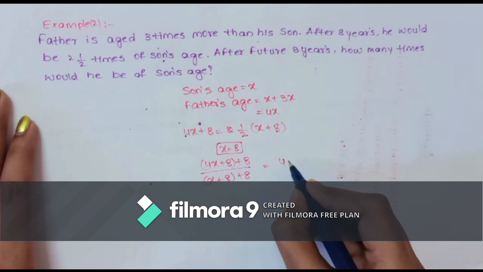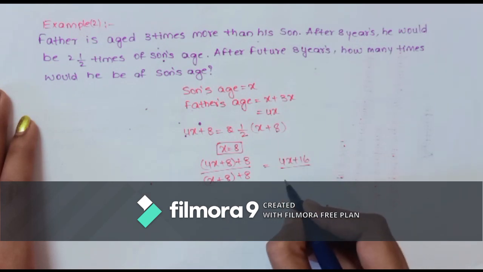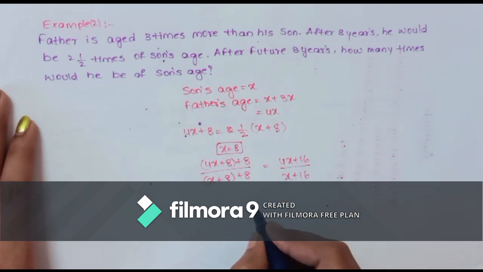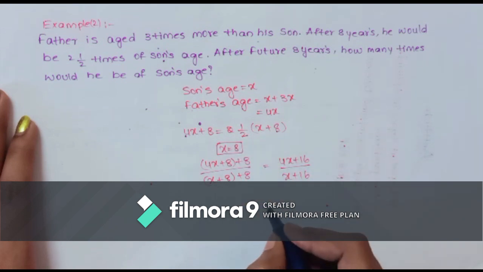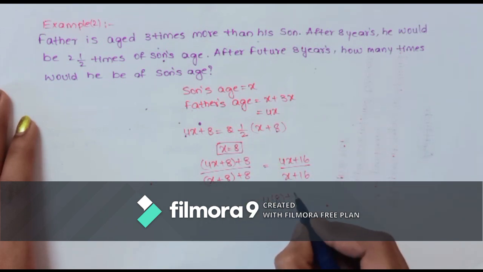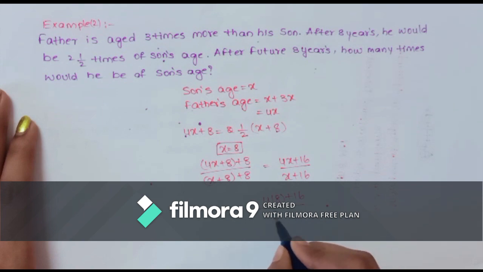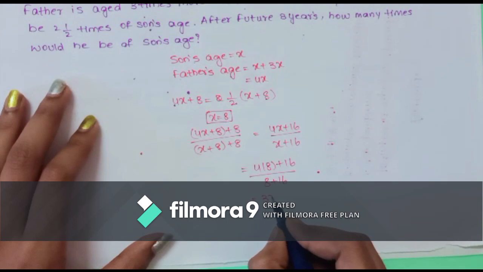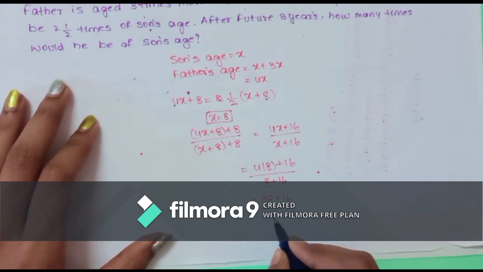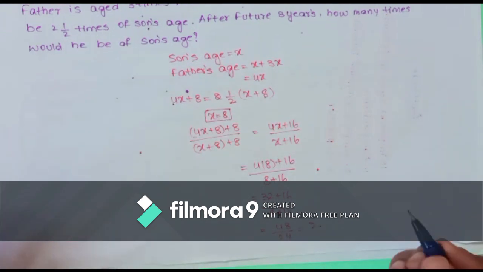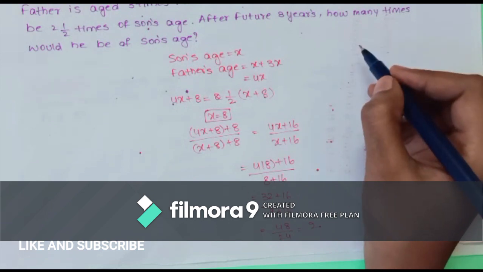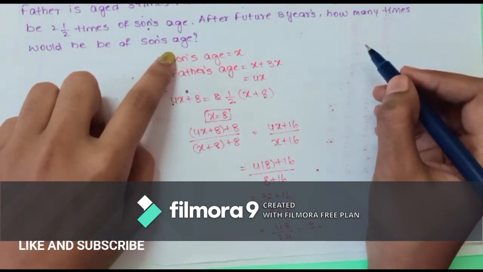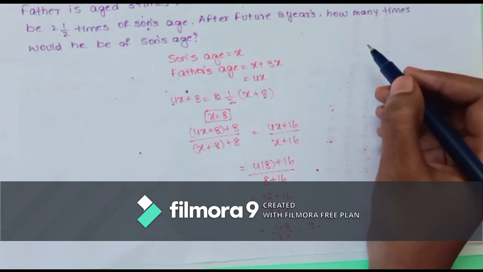If we divide 4x plus 16 by x plus 16, we should substitute 8 in this x. 4 into 8 plus 16 by 8 plus 16. If we calculate, we will get 32 plus 16 by 8 plus 16. 48 by 24 will get 2. Now 2 times his son's age. How many times means 2 times.